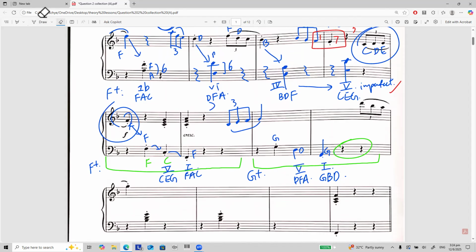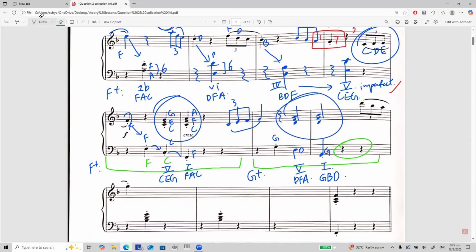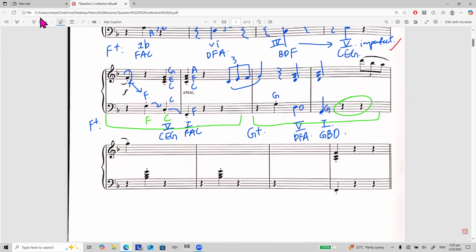And then over here, C, C, E, G. This one should be D, D, F, A. And this one is F, C, F, A. So this one should be G, D, G, B. Okay, so this one and this one should have the same interval between the notes, same distance between the notes.